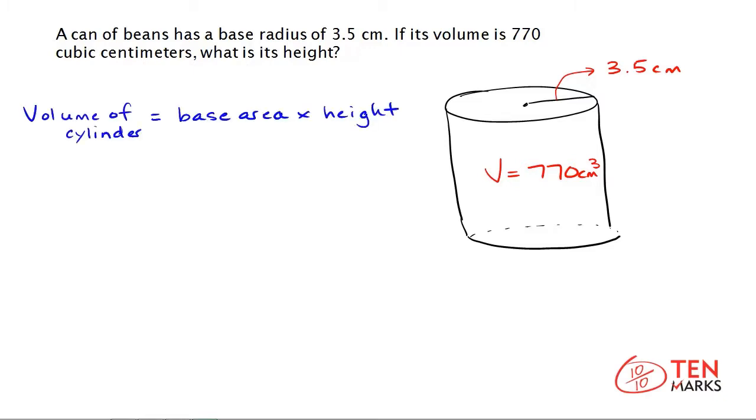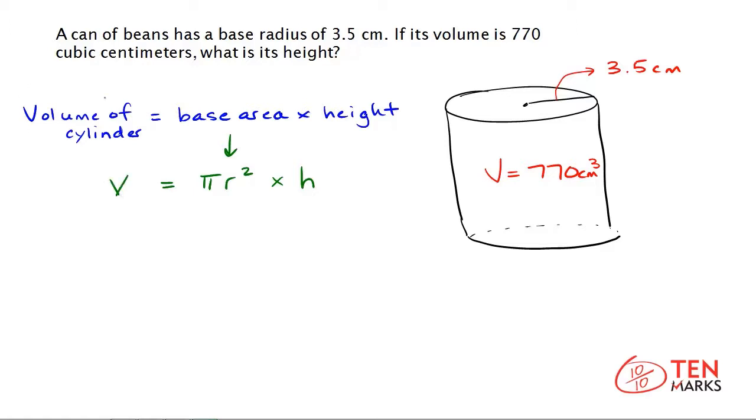The volume of a cylinder equals the base area times the height. Now the base of a cylinder is a circle, and if you recall, the area of a circle has the formula pi r squared. So I can substitute that into the equation. So now I have pi r squared times the height, which I'm going to represent with the letter h, and this is equal to the volume of the cylinder, which I'm just going to use a v for.